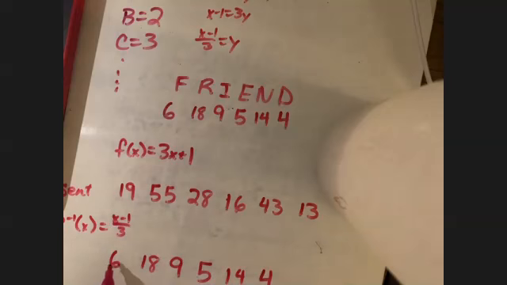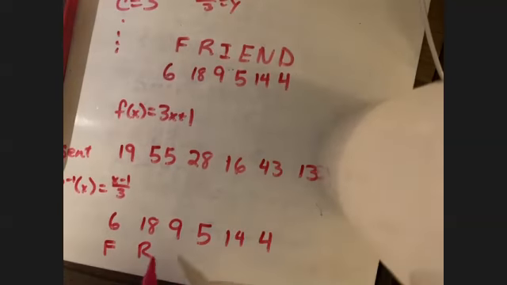And then I work backwards and I go 6 is the letter F, 18 is the letter R, and so it would come back and say friend.